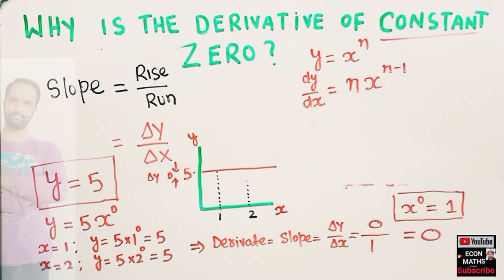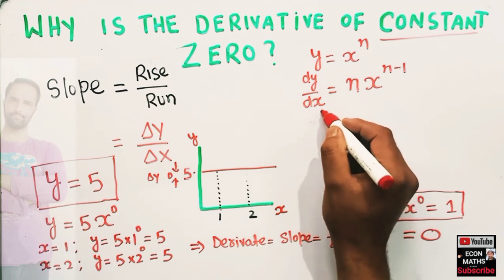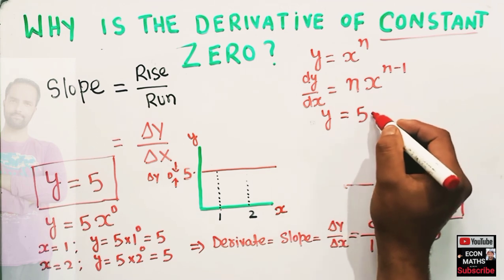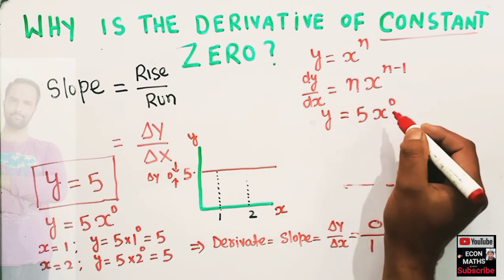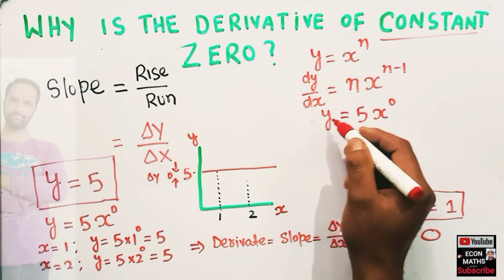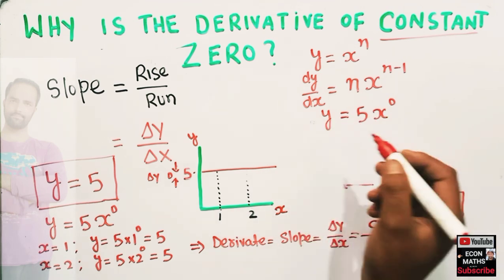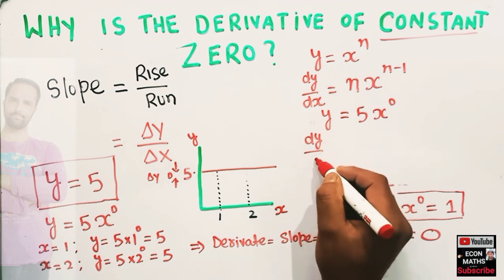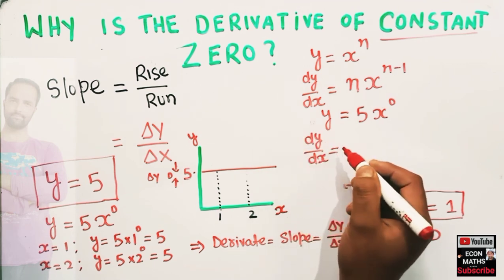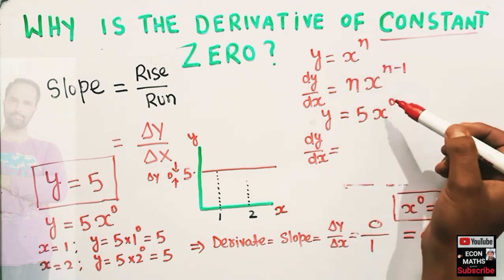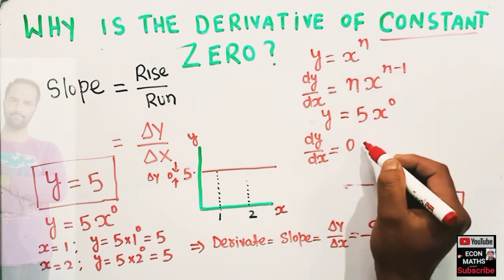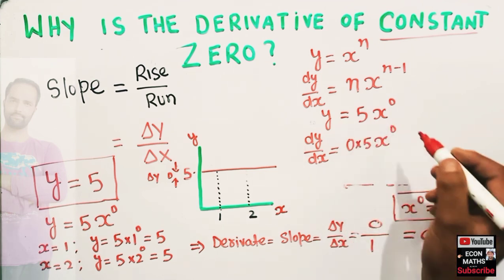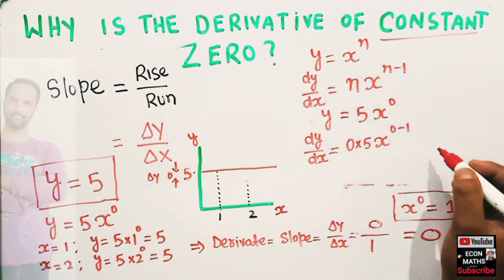Now let's take this very constant function, y is equal to 5, and I can write it like this: x to the power 0. As I have told, x to the power 0 is equal to 1, so we are back again with y equal to 5. If I use the power function rule here again, dy upon dx will be equal to, so n is 0, so 0 becomes the coefficient, so we have 0 into 5 x to the power 0 minus 1, as the exponent is subtracted by 1.